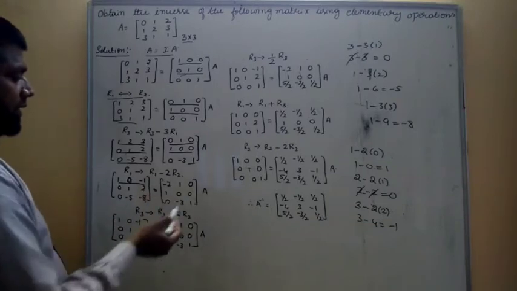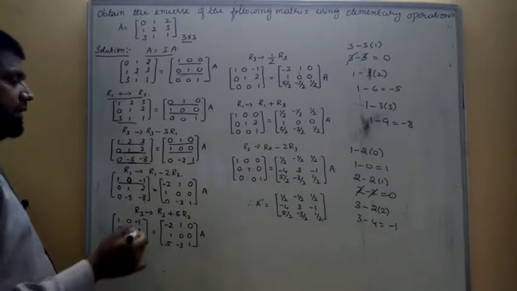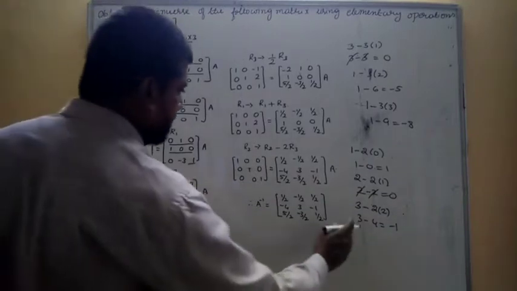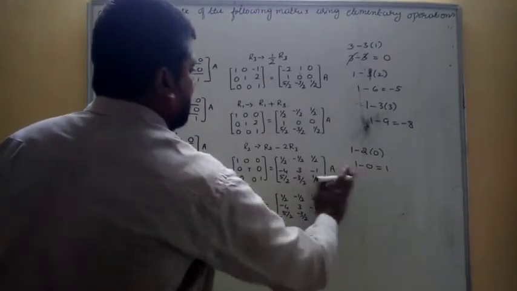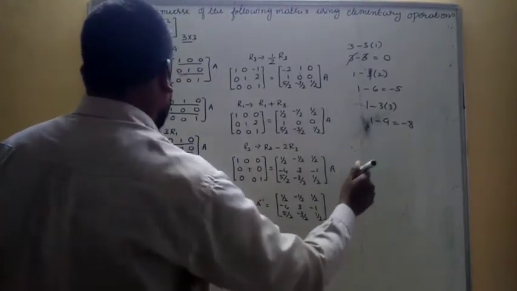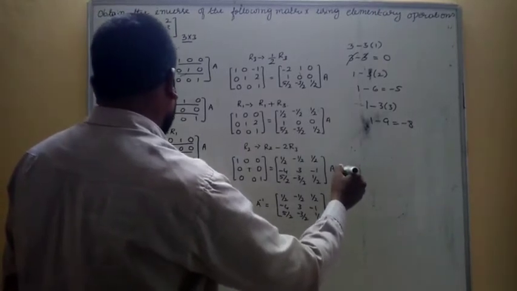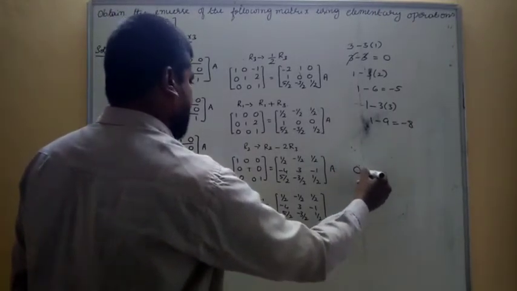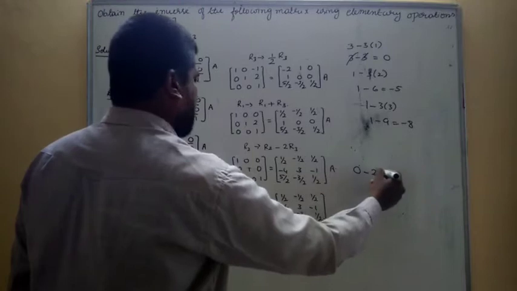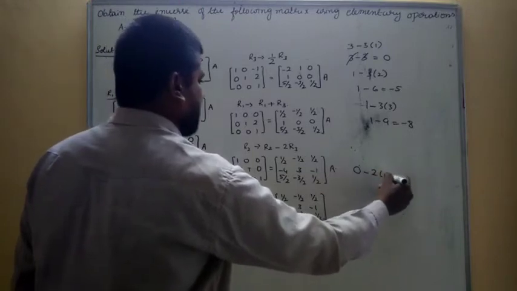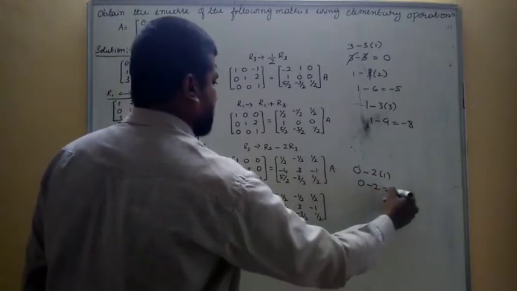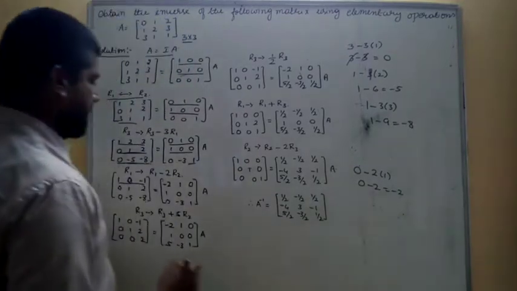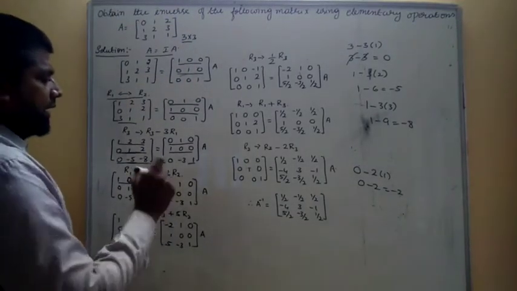And again go for the right side. Here right side, the first element of row 1 is 0. 0 minus 2 into 1. Then 0 minus 2 means minus 2. So minus 2 we got.